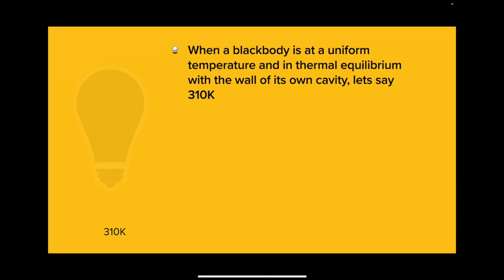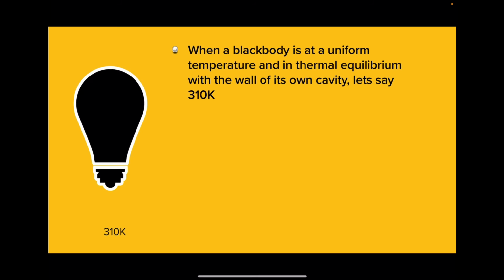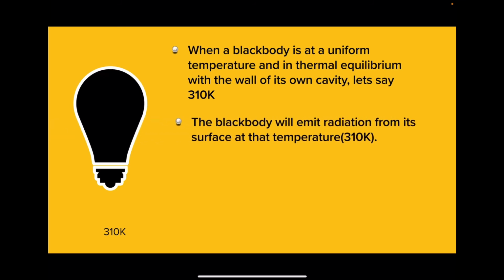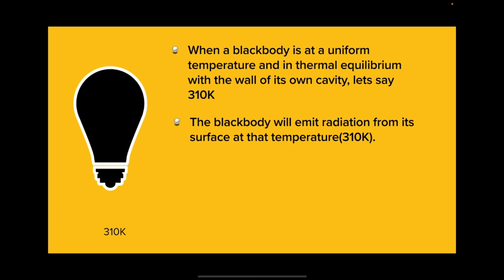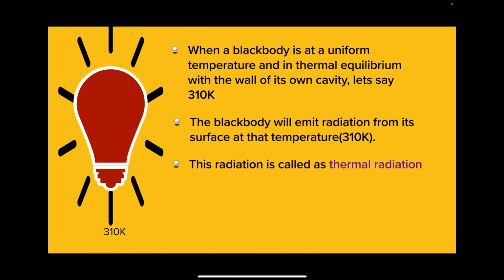When a black body is at a uniform temperature and is in thermal equilibrium with the wall of its own cavity, let's say 310 Kelvin, the black body will emit radiation from its surface at that same temperature. This radiation is called thermal radiation.